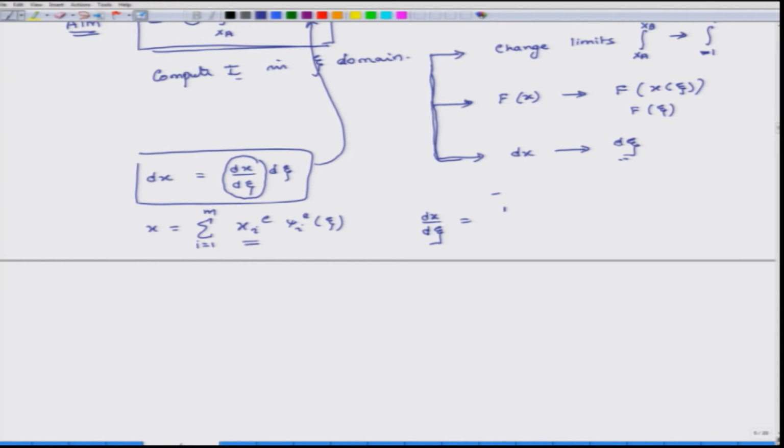So, this is equal to the sum of xi for the eth element times d psi I e, and psi I is a function of zeta, I equals 1 to m. Now, this term dx by d zeta is called the Jacobian of x zeta transformation.